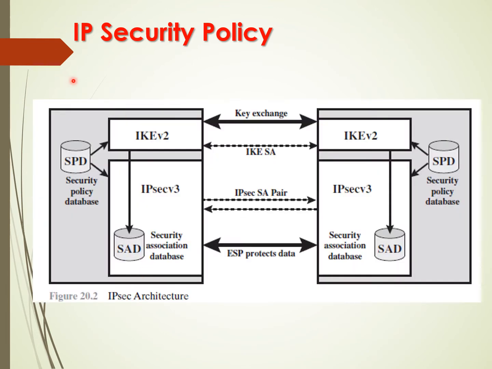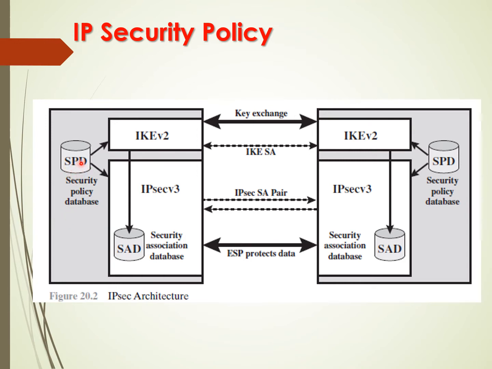We can understand IP security policy through the IP security architecture. Having a look at the IP security architecture, we can understand what IP security policy is exactly. Let us assume this is the sender side and this is the receiver side. On the sender side, there are basically two databases, as we discussed in the previous slide.